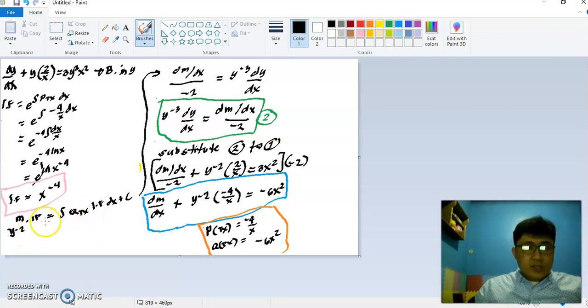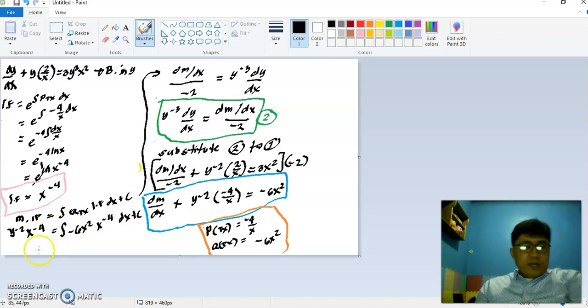So from there, we know that our m, y raised to the power of negative 2, times our integrating factor, x raised to the power of negative 4, equals the integral of our Q(x), negative 6x squared, multiplied by the integrating factor, x raised to the power of negative 4, dx plus c. Now we could simplify it further.